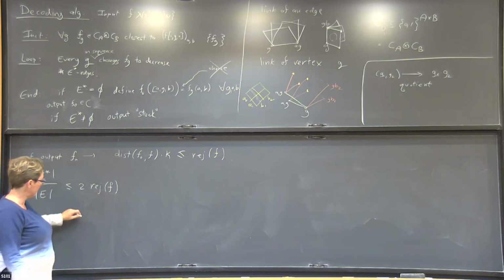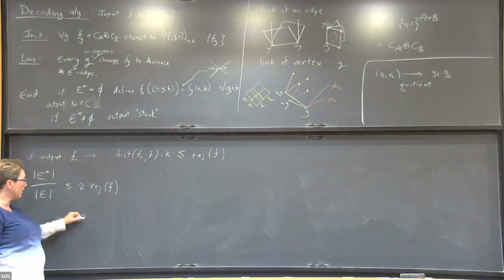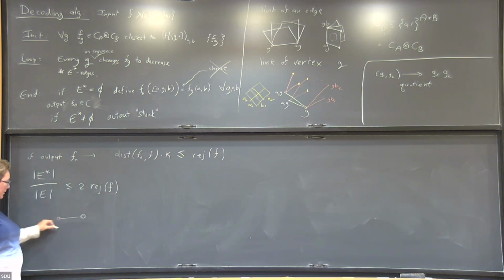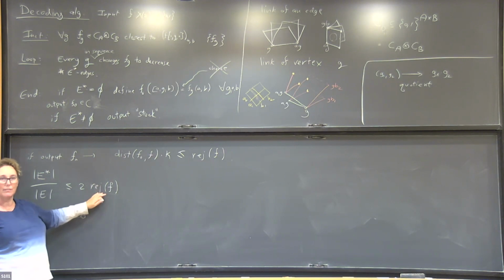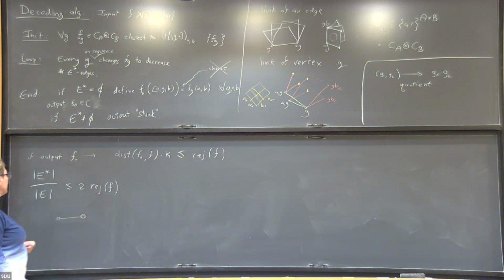If you look at an edge between G and G prime, and G was not rejected, meaning when you look at G, all the squares of F around it are good, and also G prime is good, not rejected, then clearly this cannot be a dispute edge, because they both agree with F. So the only way this can be a dispute edge is if either this guy or both are rejected, and they change only if they contribute to the rejection. So the size of E star is roughly like the fraction of rejecting vertices.